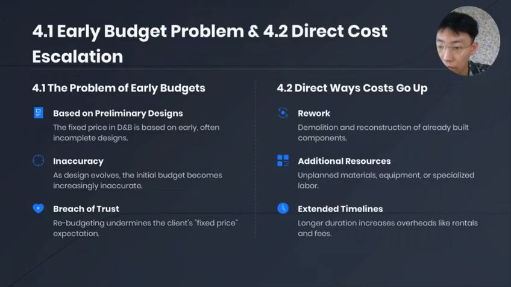On this slide, I will explain the early budget problem and the direct cost execution in design and build. The fixed price is often set based on early and incomplete design. So as design evolves, the initial budget becomes inaccurate and the rebudgeting can undermine the client's fixed price.